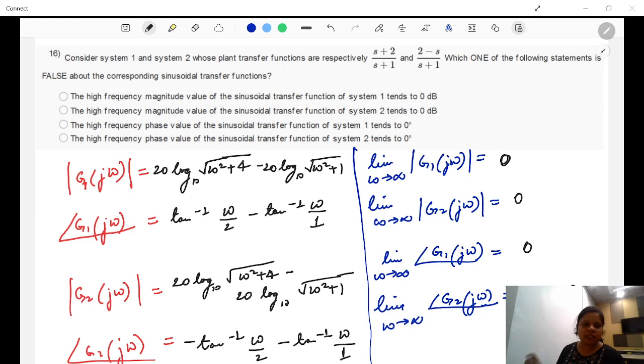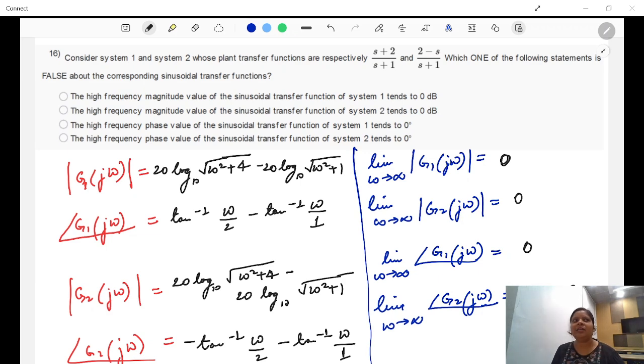So this question is really related to one of the problems that we had solved when we were discussing RHP zeros, minimum phase systems and non-minimum phase systems. We had derived what the phase is if the zero lies in the right half of the S plane versus the left half. The phase is not always equal to 0 degrees.